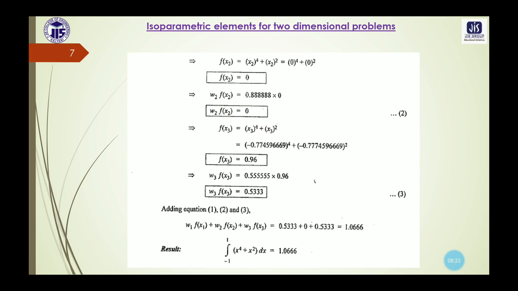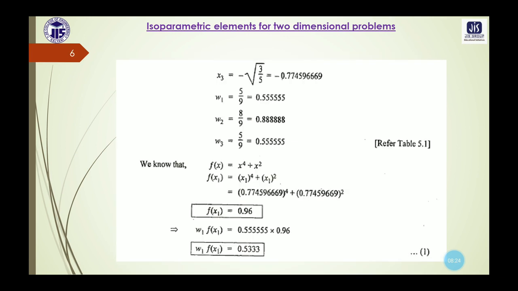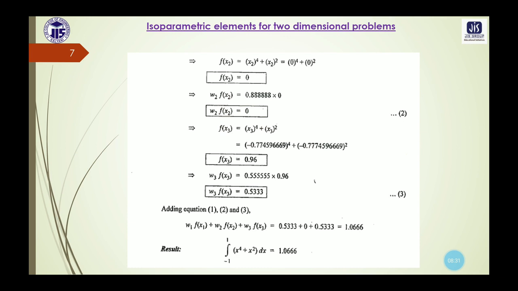The value of x3, from the earlier slide, is minus root under 3 by 5, which is minus 0.7745. So minus 0.7745 to the power 4 plus minus 0.7745 squared, and f(x3) is coming as 0.96. If we multiply this with the corresponding weight, w3 into f(x3) is 0.5333, which is our equation number 3.